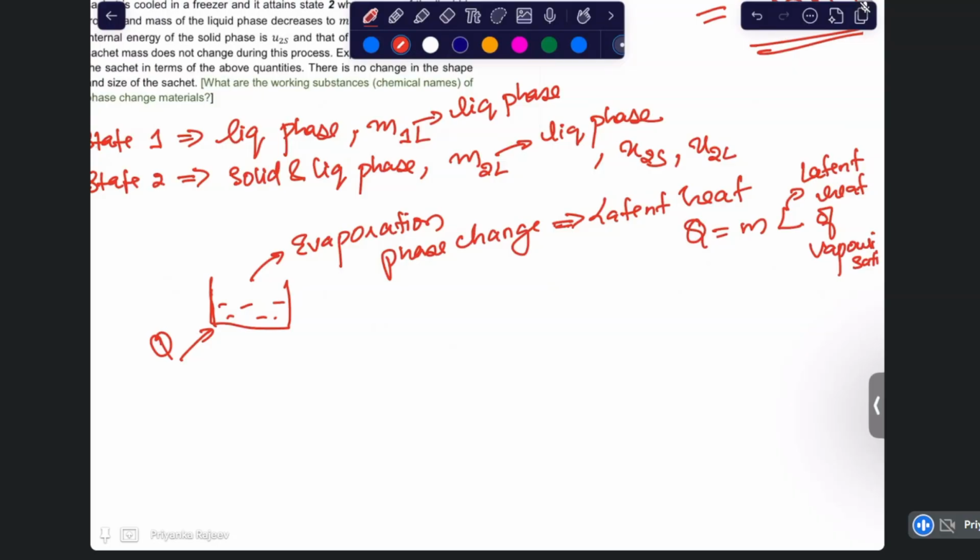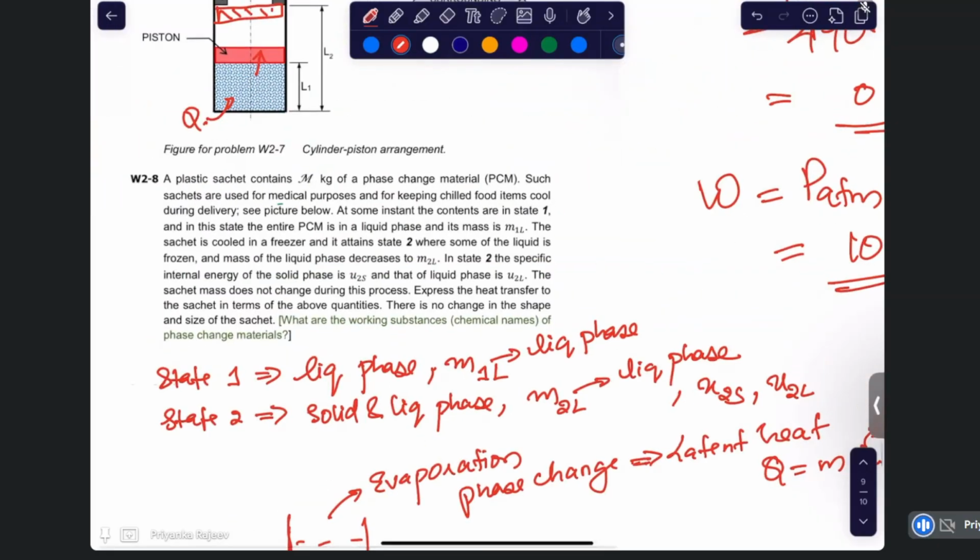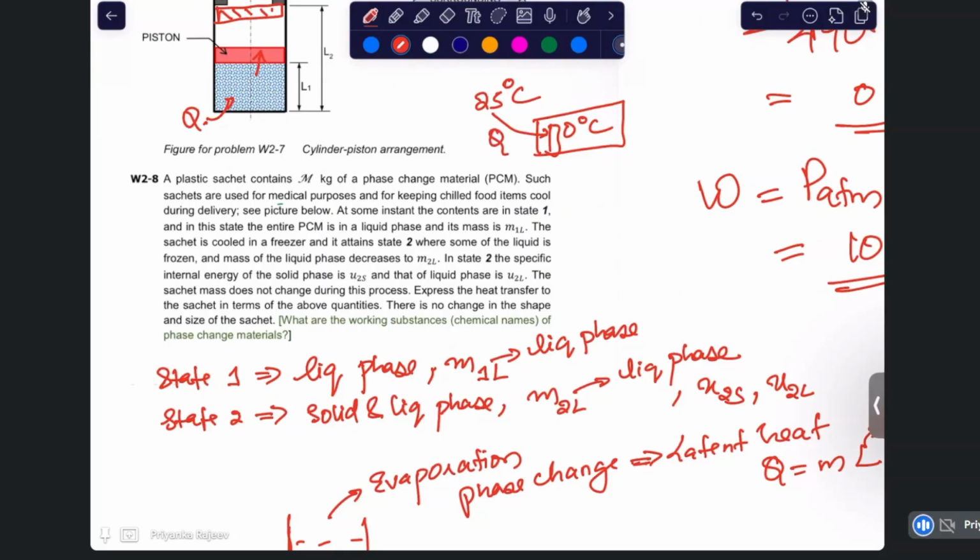Suppose you have chilled food items. Chilled food items are taken out for delivery. Out for delivery means this will be around 0 degrees centigrade, and atmospheric temperature is around 25 degrees centigrade. Because of this change in temperature, heat flow will be happening. But if you have a PCM material over here, this heat transfer will be taken by the PCM material.